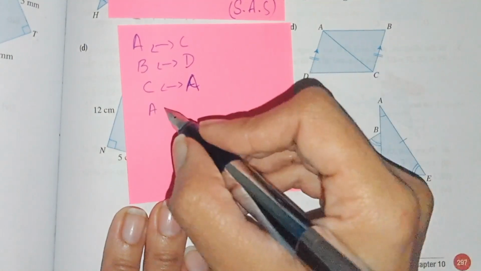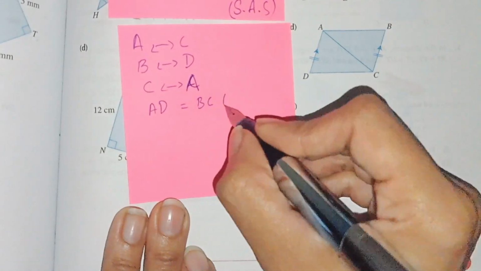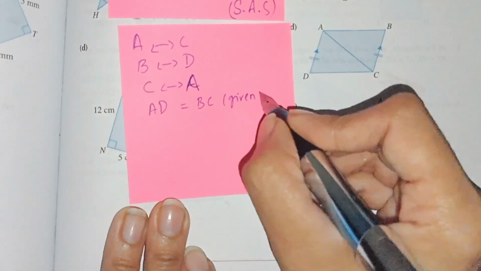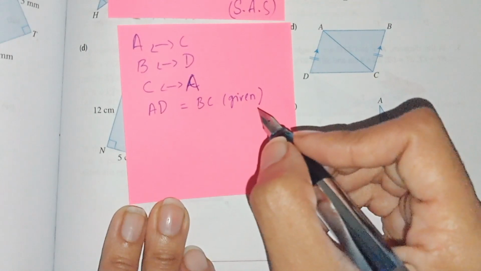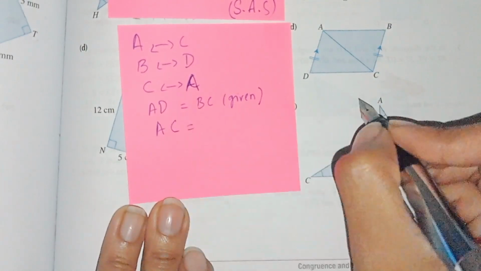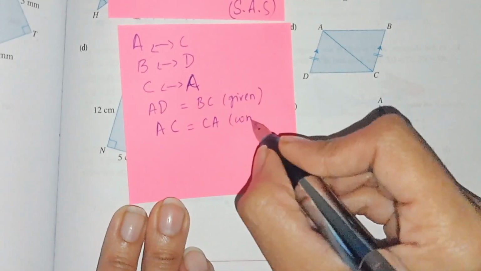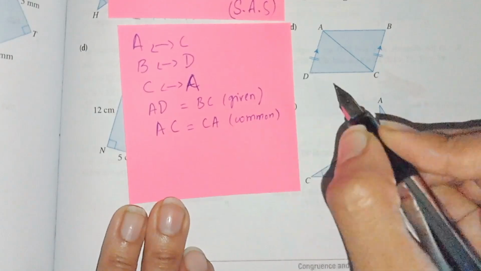Line AD is equal to line BC, and that is given to us. And side AC is equal to CA, and that is a common side.